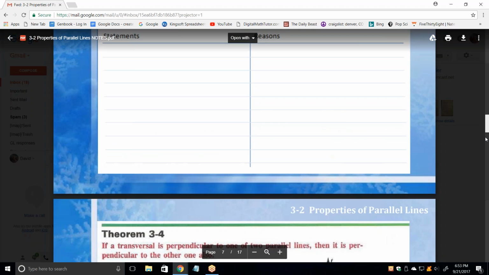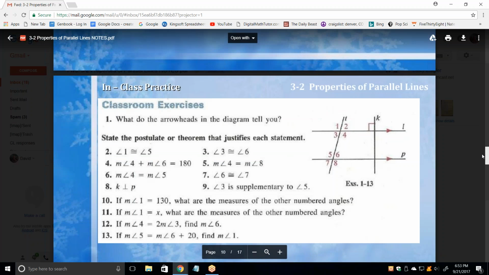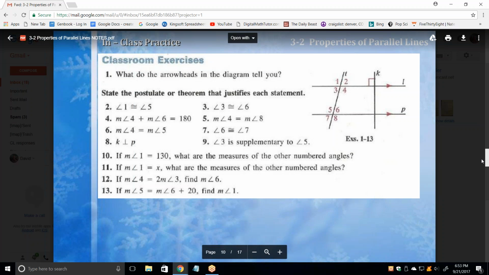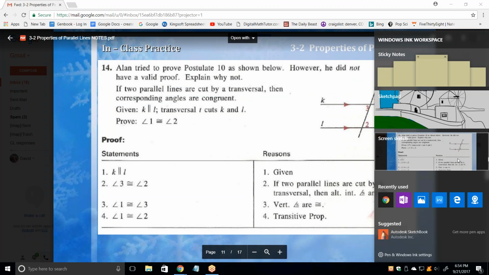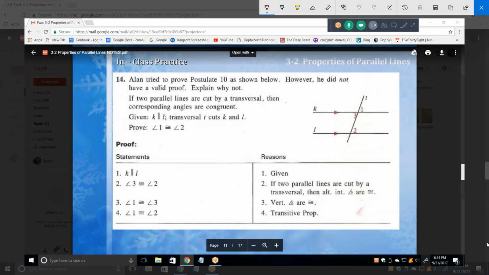Sorry. Got to go back and find out where I was at. It does not have a valid proof. Well, his first statement says angle 3 is congruent to angle 2. We can't use that.